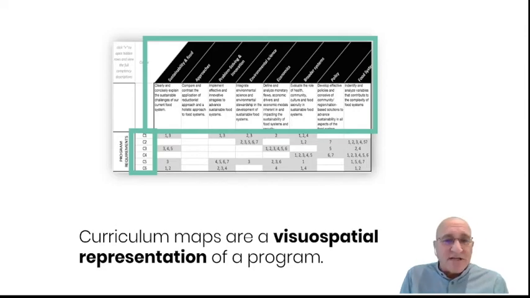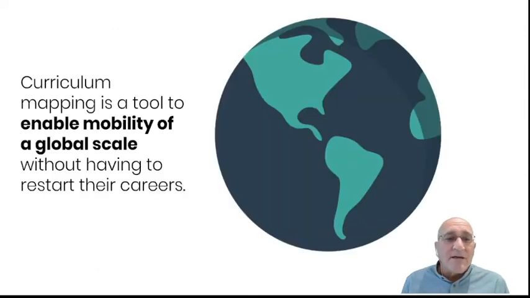In a larger sense, curriculum mapping has potential benefits globally. In this era of increasing mobility on a global scale, being able to communicate and demonstrate the value of that degree will encourage more opportunities for mobility without having to restart careers.